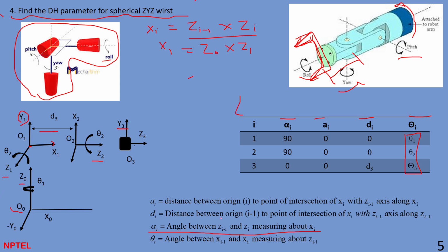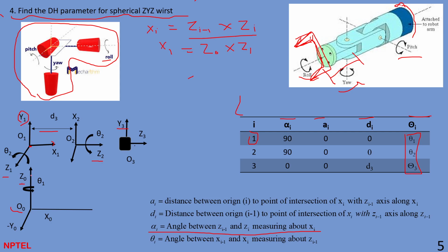So let's go through how alpha is calculated. It's the angle between z(i-1) and zi, measured about xi. Put i equal to 1: it will be z0 and z1, measured about x1.